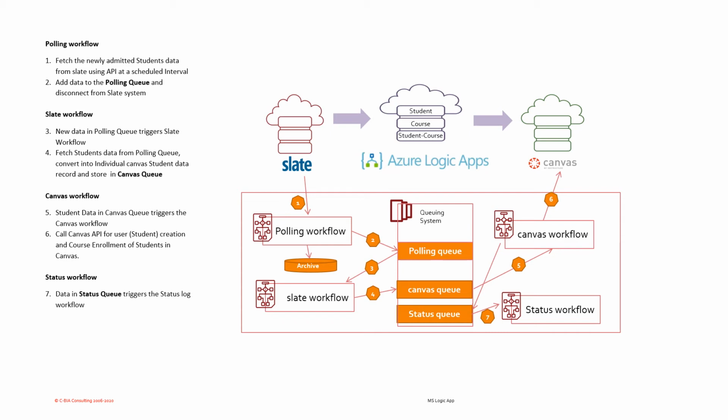This really keeps control of the whole thing, and the 7th step is to trigger that status workflow and update, in this case, an Excel file based on SharePoint, for example, that will create a log to record what has happened and trigger, for example, an email notification, and this could also include error data. So that really concludes the demonstration. 4 workflow areas, 8 steps, very straightforward.